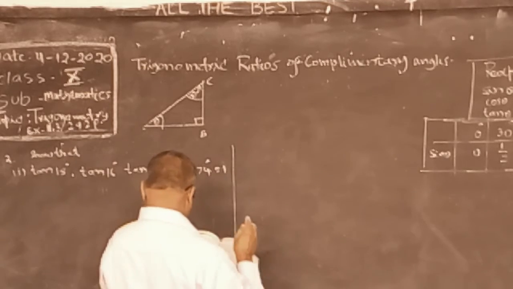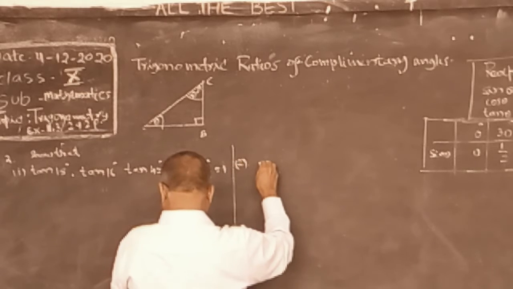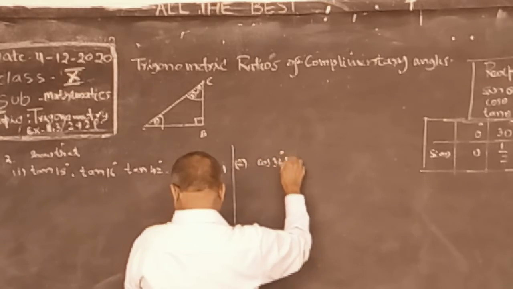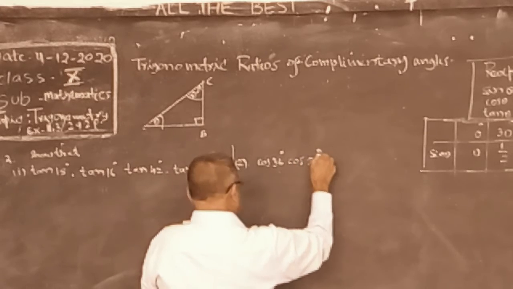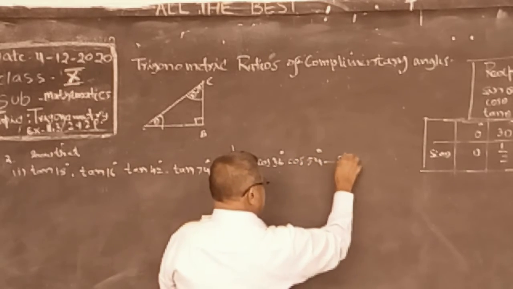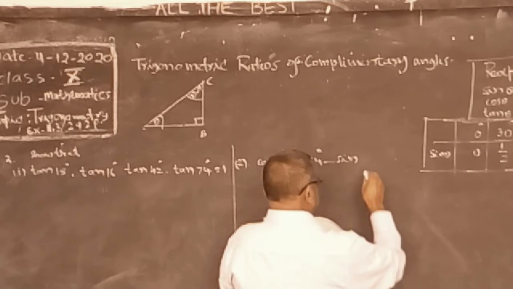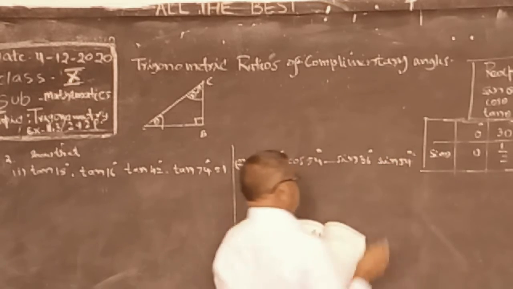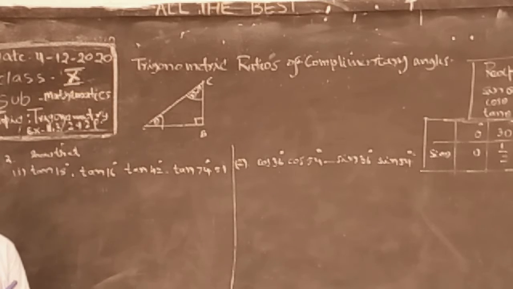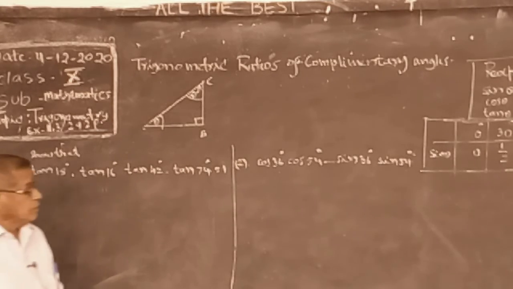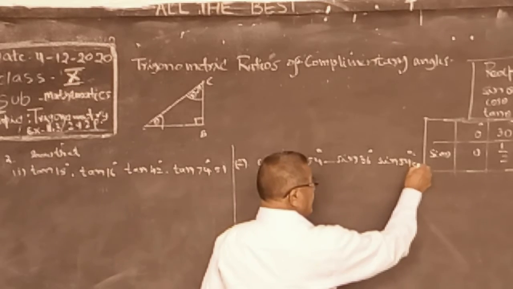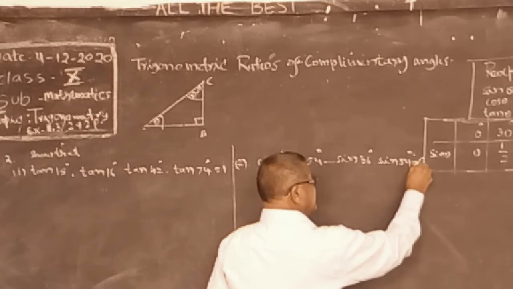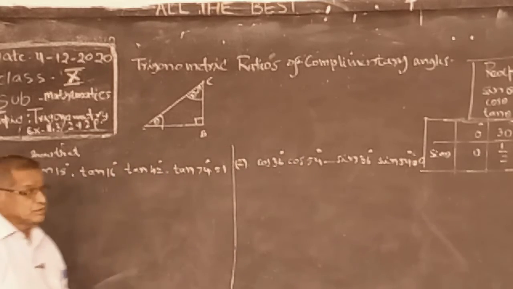Second, cos 36 degrees, cos 54 degrees minus sin 36 degrees, sin 54 degrees, so that is equal to 0, and this is equal to 1.